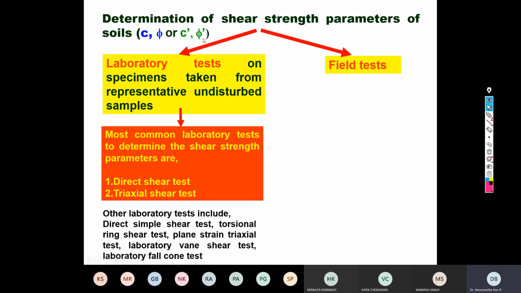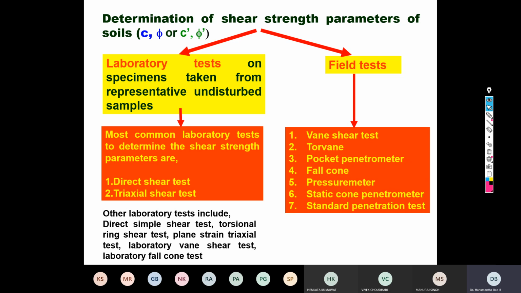Everybody is well aware that the shear strength of soil can be determined in the laboratory as well as in the field. These are a list of a few tests commonly employed to determine the shear strength and thereby the C and phi, that is, cohesion and angle of internal friction of a soil, say a clay or sand.